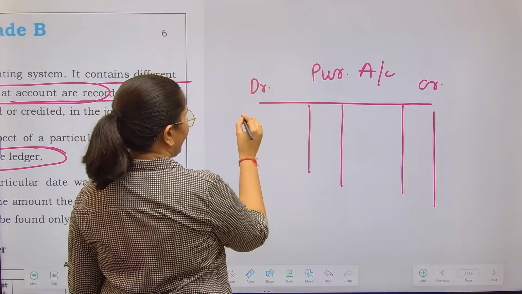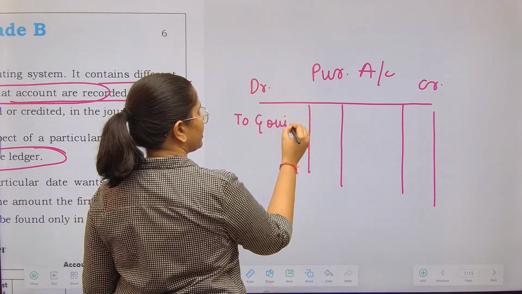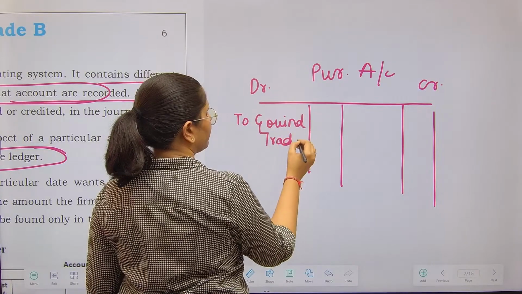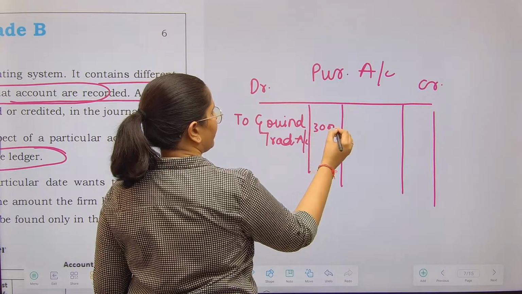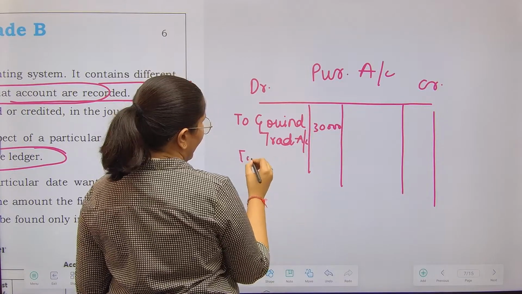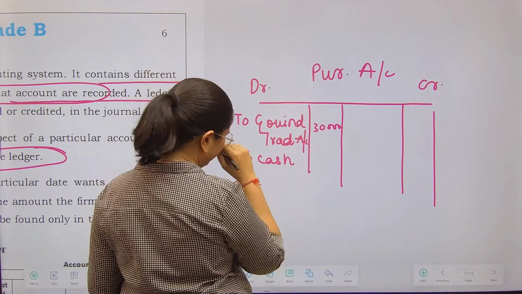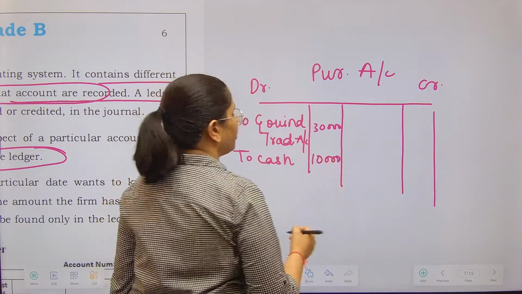If I have purchased from Govind Traders, I will write over here 30,000, the purchase I have made from Govind Traders. I have also made cash purchases for 10,000 rupees.